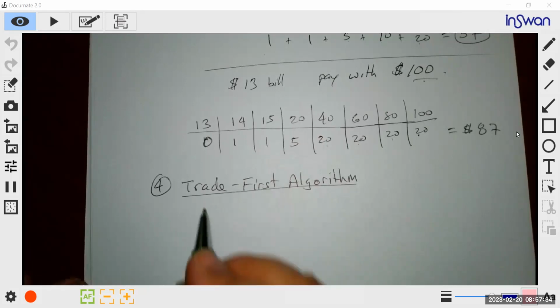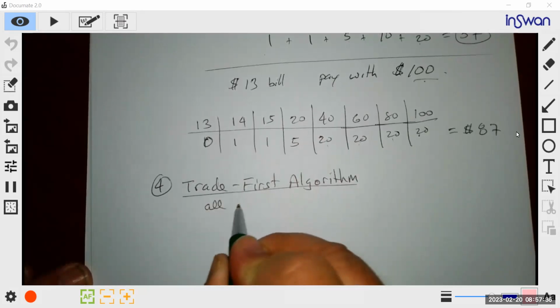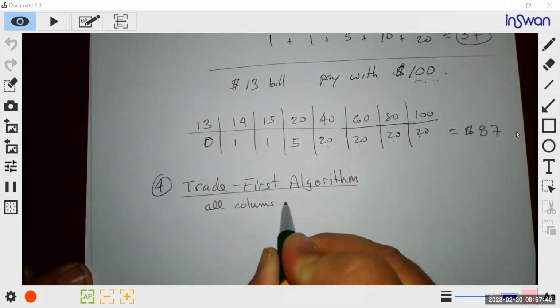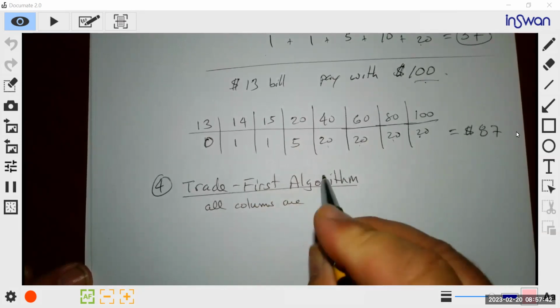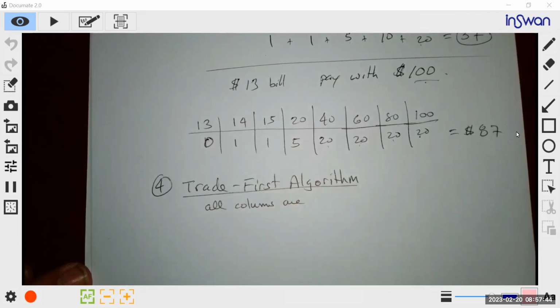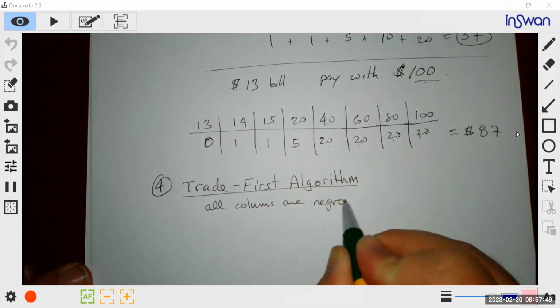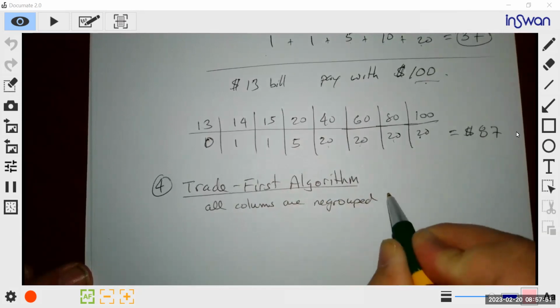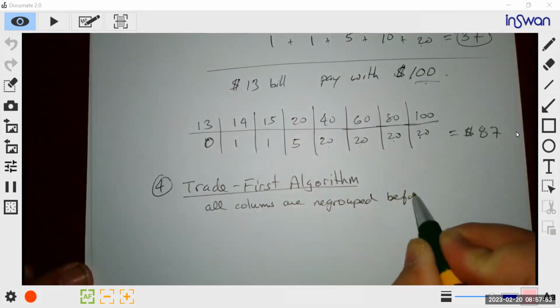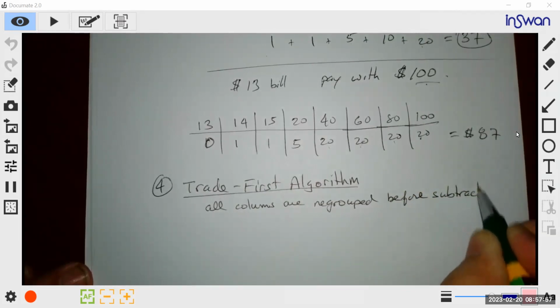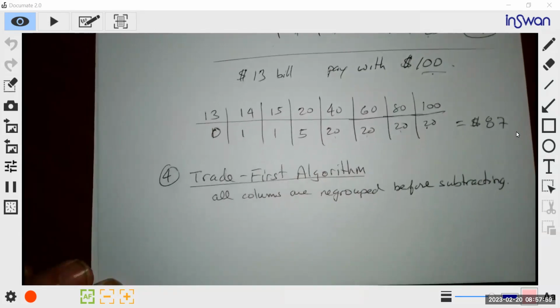In this method, all columns are regrouped before subtracting.